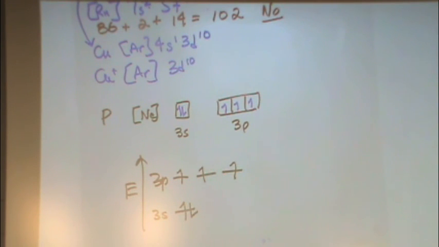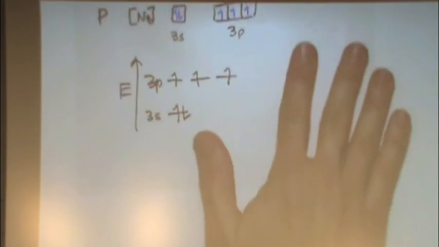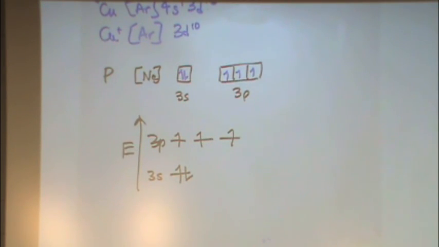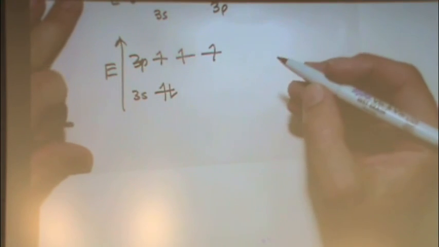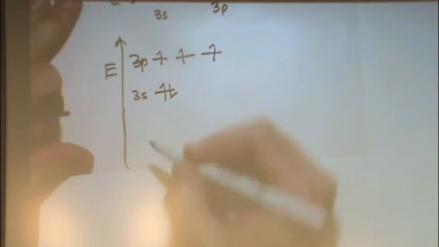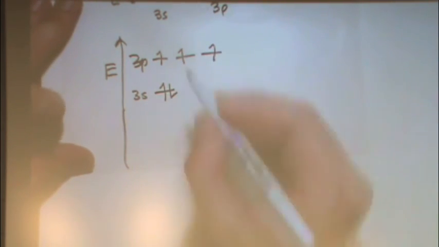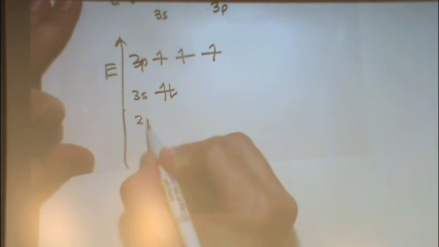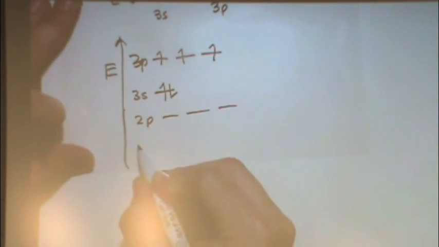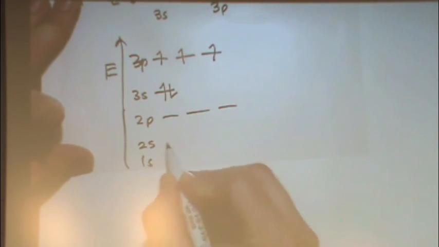Yeah? The core electrons you usually don't have to show. The question is, where do you show them? It depends. You have to read the question carefully. If you were going to show them on either, you just put them before. Before that is a 2p, before that's a 2s, before that's a 1s.